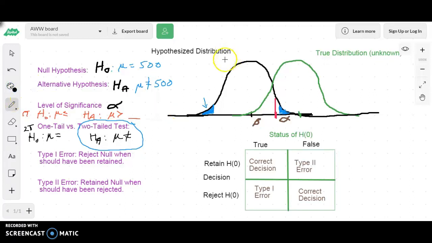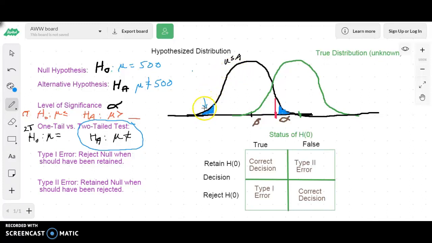So say, for example, going back to the hypothesized distribution here, I'm going to say this is all USA. We're comparing all the students' means for the SAT scores. It might be that New Jersey, if I took a sample, actually has a population that's significantly less or significantly greater. And if that's the case, then to back it up a little bit, we're again comparing to the original mean.